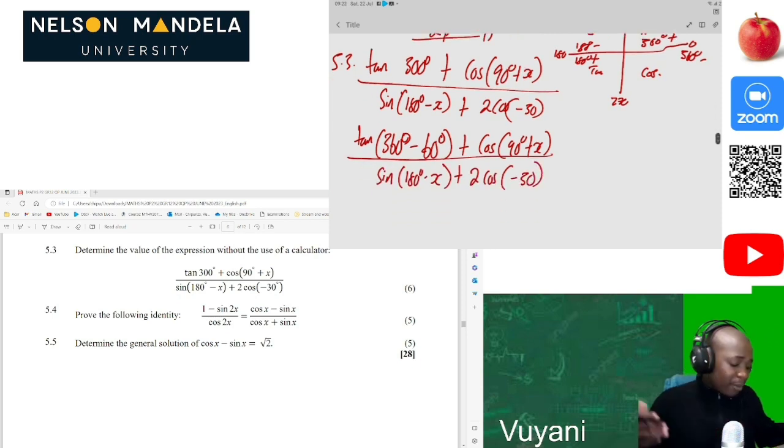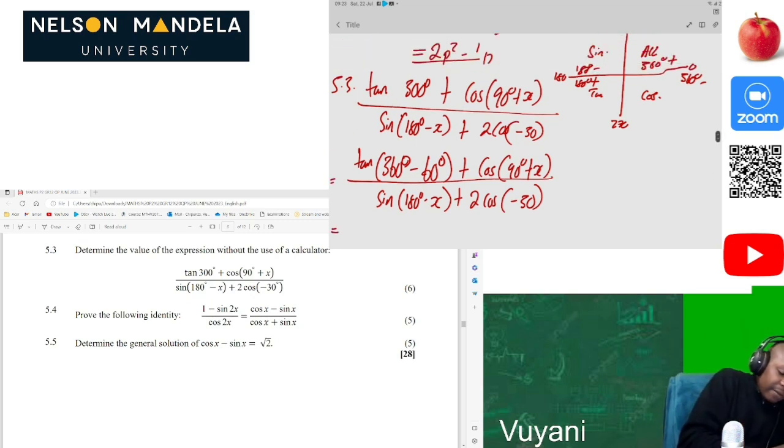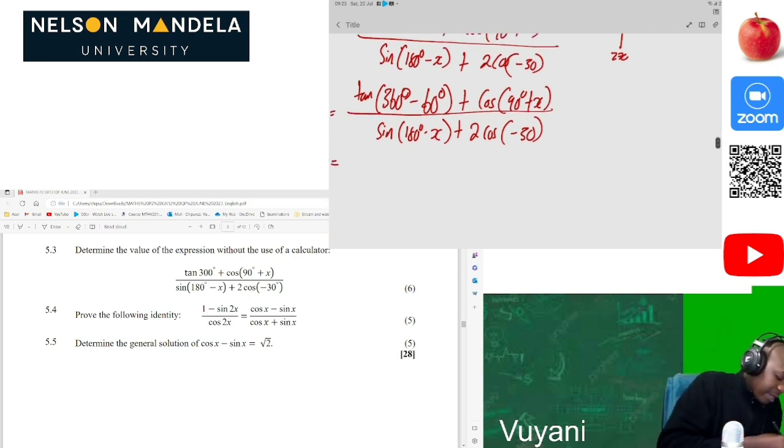I'm already feeling excited because now we can reduce it. 360 minus is in the fourth quadrant, and is tan positive or negative? It's negative. So now we have negative tan of 60 degrees.